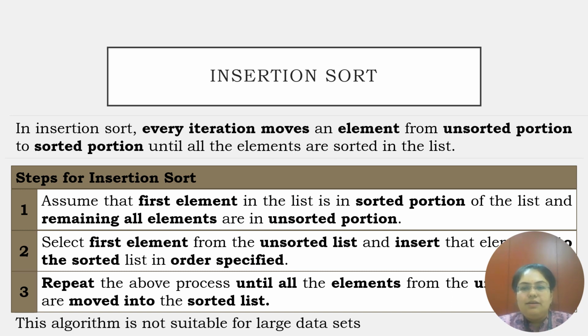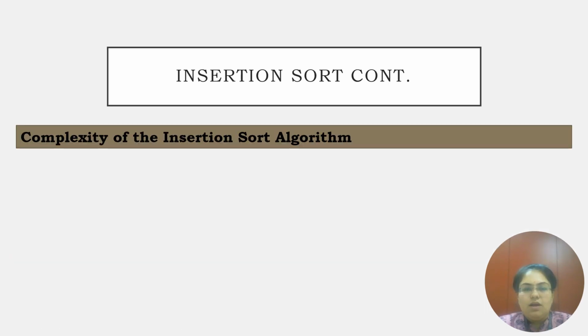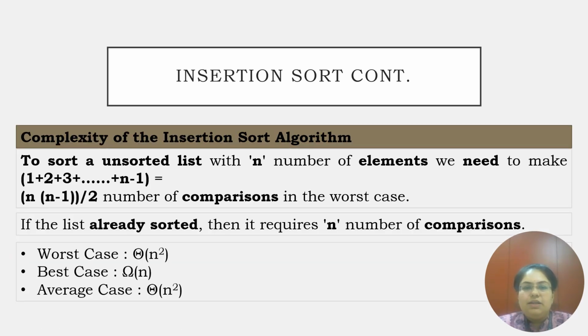This is an easy algorithm, but we cannot apply it to a larger data set. We have to take care that it can be applied to shorter data only. Here we have defined the complexity of the insertion sort algorithm.